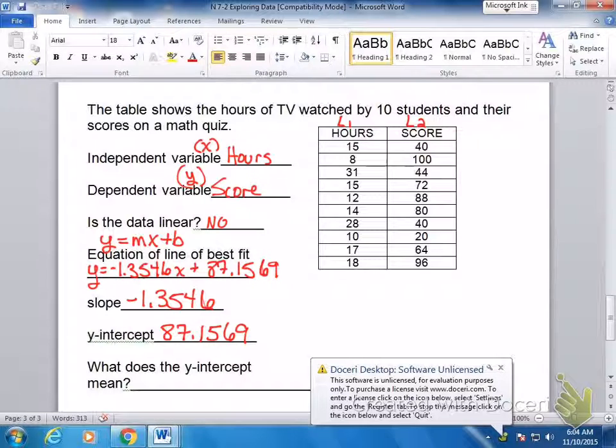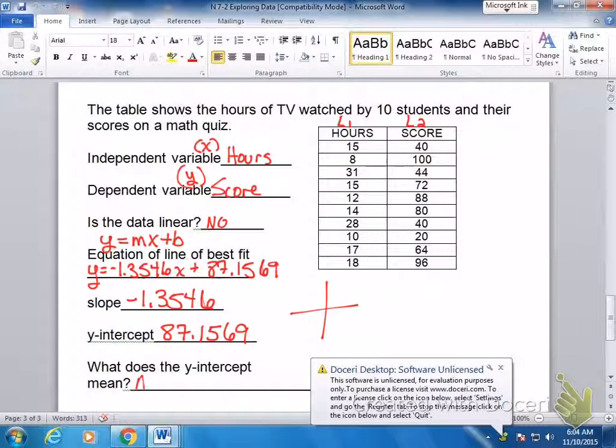The next one can be a little tricky though. It asks, what does the y-intercept mean? Well, the y-intercept is where it crosses the y-axis, okay? That's when x equals 0. So we want to think about what that means. If I have 0 for x, that means I watched 0 hours of TV. So that means that the y-intercept is like the average score if no TV is watched.